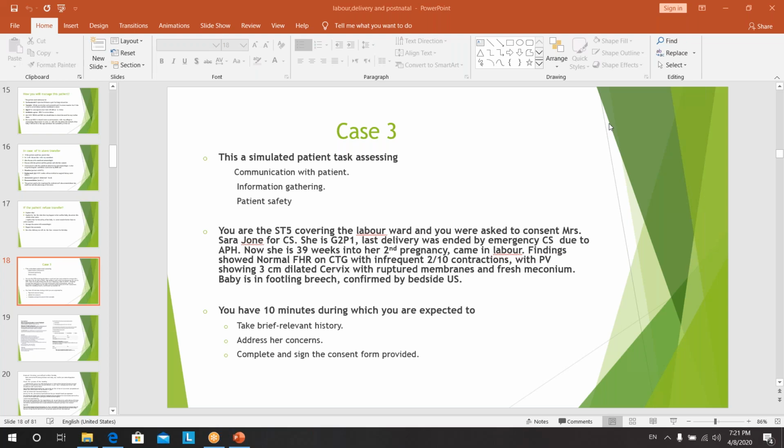Okay. So, Sarah, we are offering you a cesarean section because we think that it is safest for your baby. And I want to tell you what this procedure involves. In this procedure, we will give you analgesia, either spinal anesthesia, in which some medicine will be injected by a needle into your spine, or you will be put to sleep by some medication, and then we will make a cut in your lower tummy, and the baby will be removed.